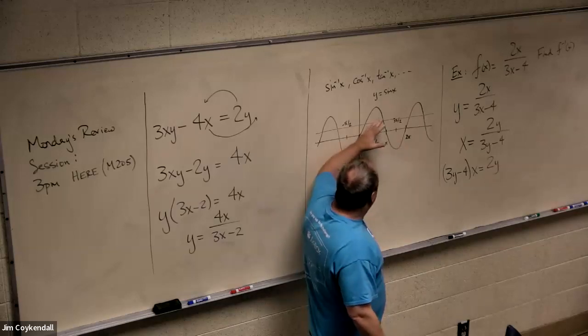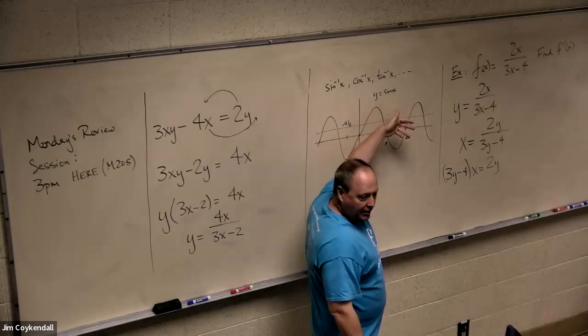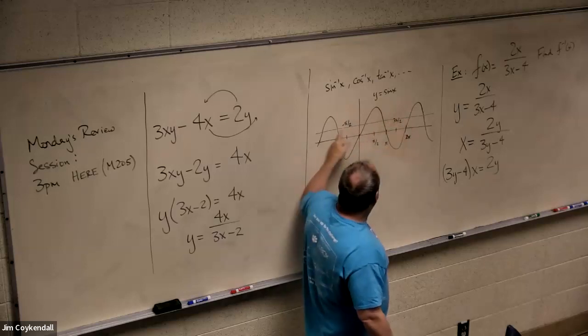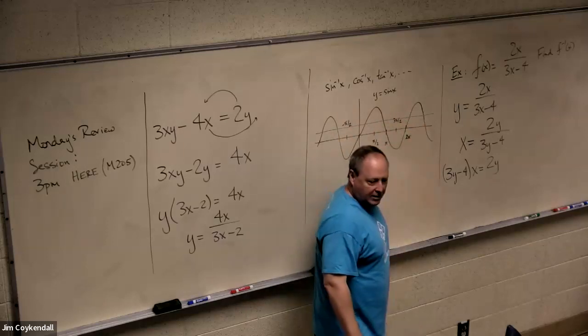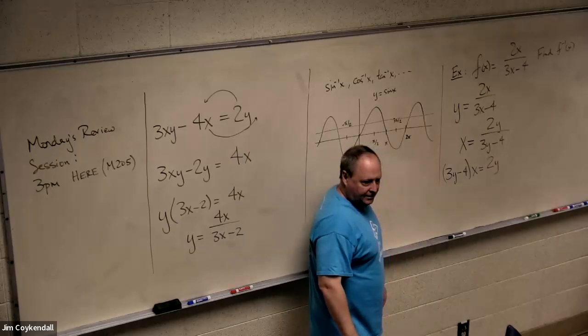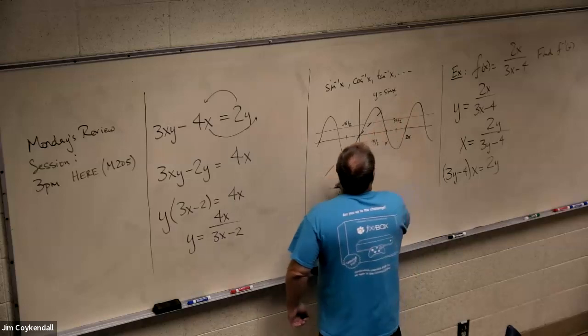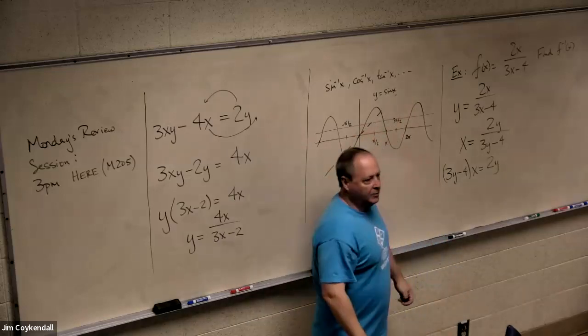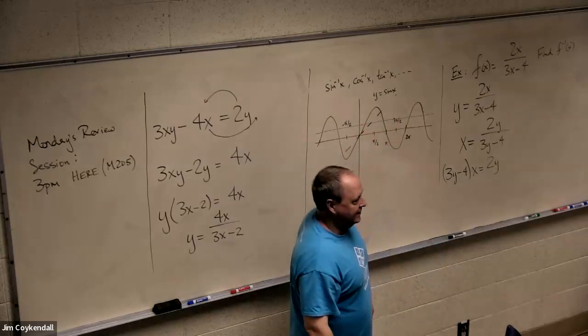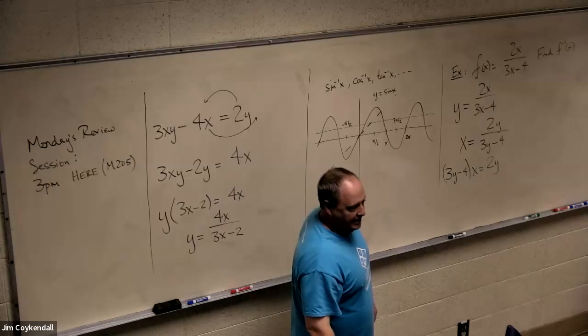What happens if I reflect this around the line y equals x? What does that horizontal line turn into? It becomes vertical. Do I agree with that?